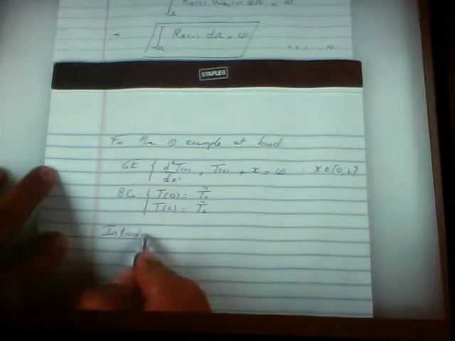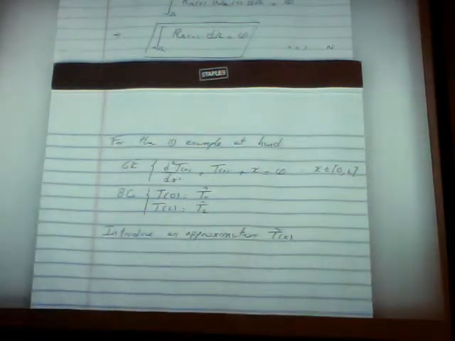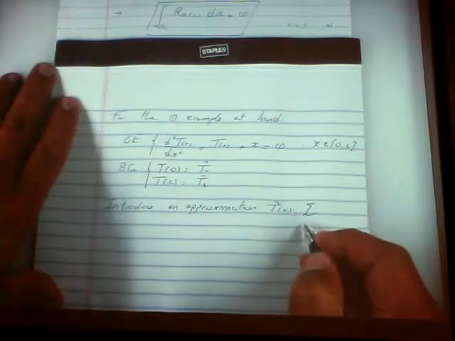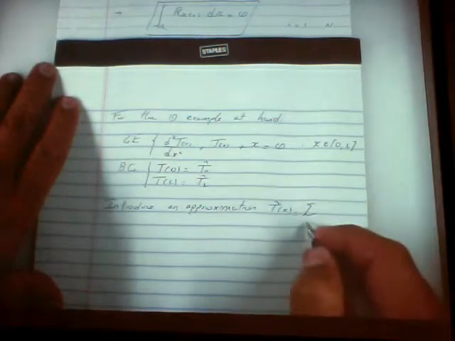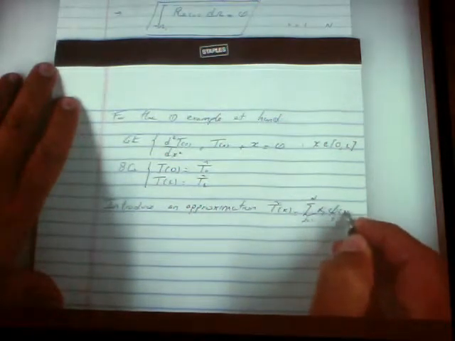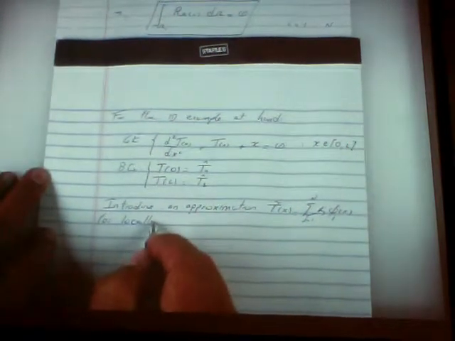So introduce an approximation, same thing that we've done before, either of this kind, sum over j equal 1 to n of alpha j, phi j with respect to x, or, say in parentheses, locally supported.